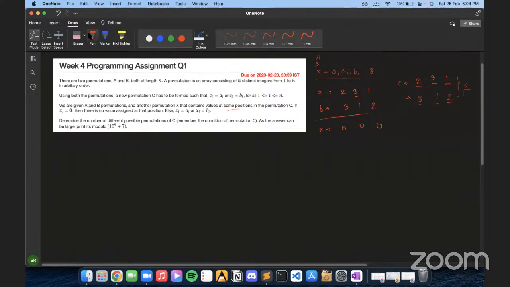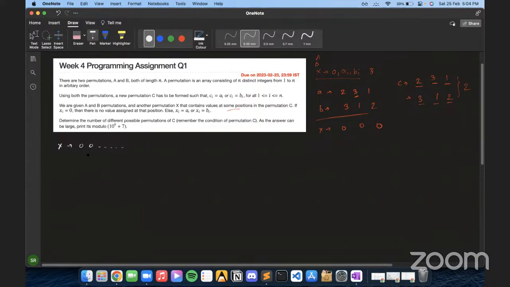So let's start by coming up with an approach for this question. Let's first solve the version of this problem where the array X only consists of zeros. There are no Ai or Bi at any position, and it only consists of 0. This means there is no constraint on the permutation C that needs to be formed.